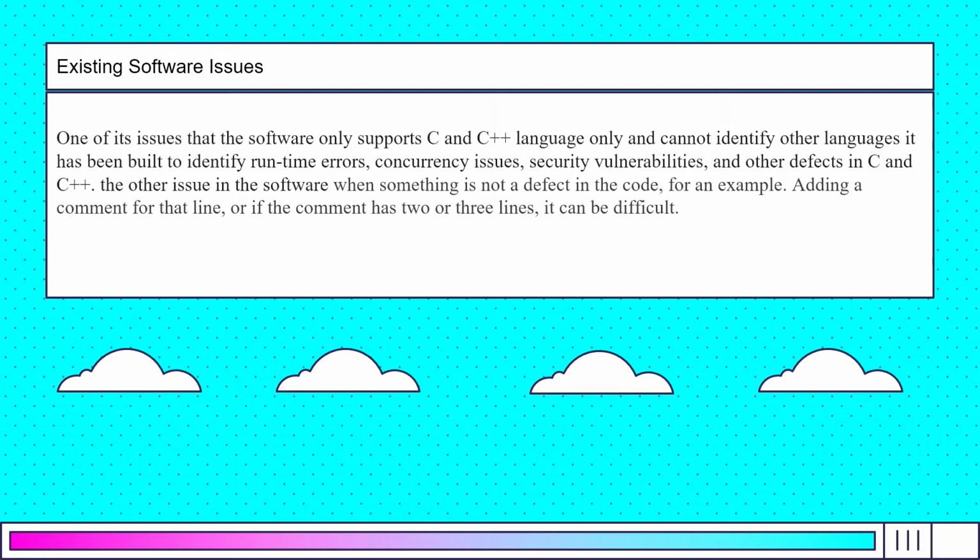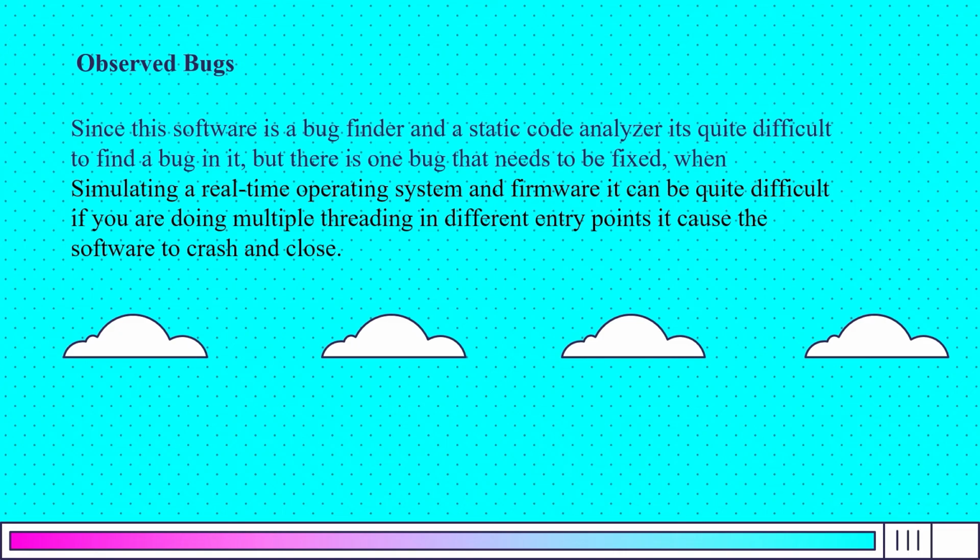The other issue in the software is when something is flagged that is not a defect in the code. For example, adding a comment on a line, or when the comment has 2 or 3 lines, it can be difficult. Now I will talk about the observed bug. Since the software is a bug finder and does static code analysis, it's quite difficult to find a bug in it.